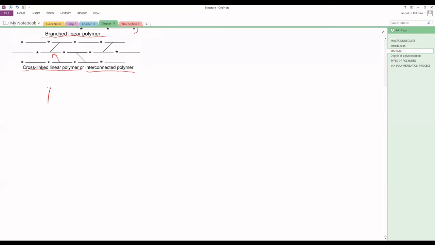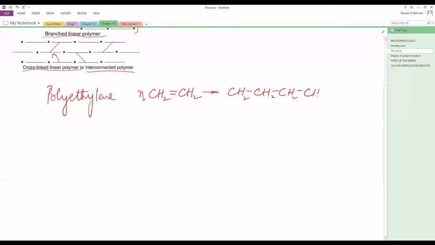For example, polyethylene, it is the polymer of repeating units of ethene. Now when n number of molecules are added together, तो ये हमारे पास linear chain polymer आ जाता है.